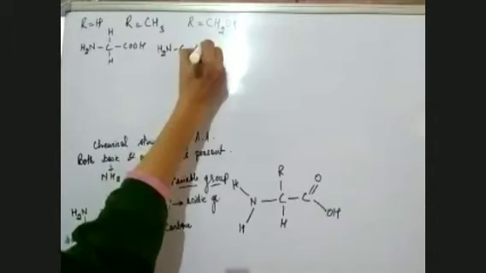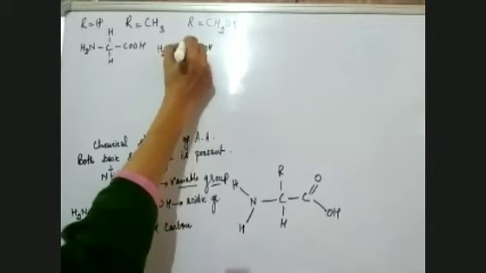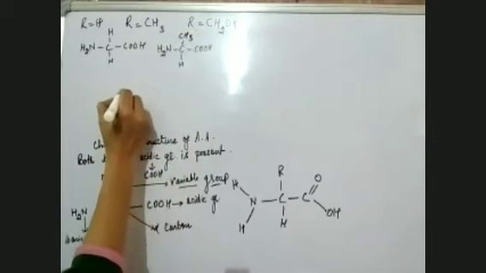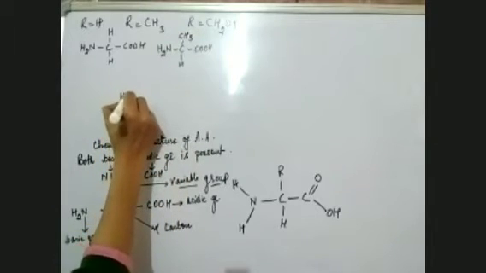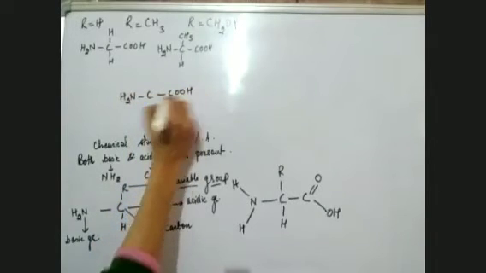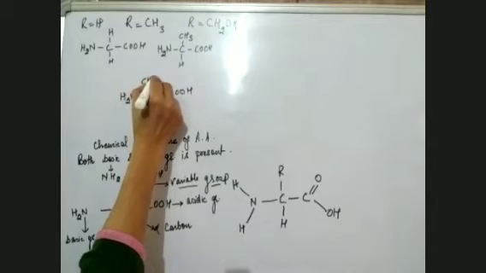H2N C COOH H here, and here CH3. If this R is replaced by CH2OH, H2N C COOH H and CH2OH.